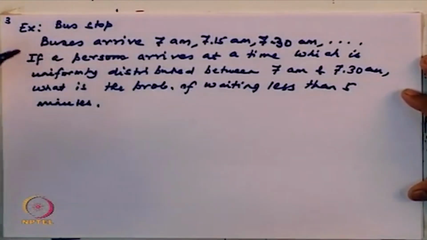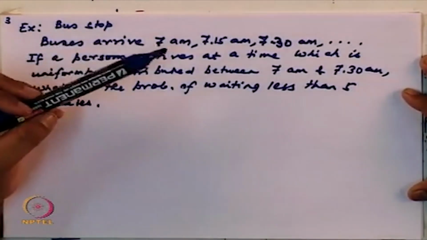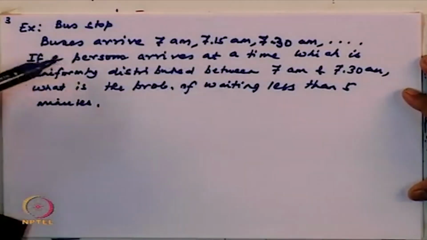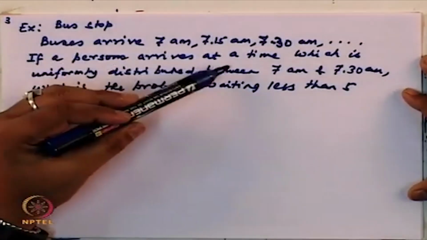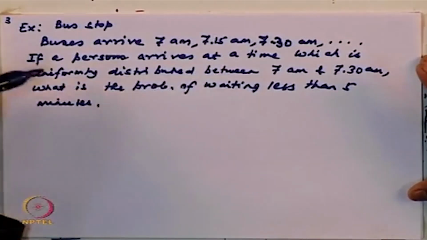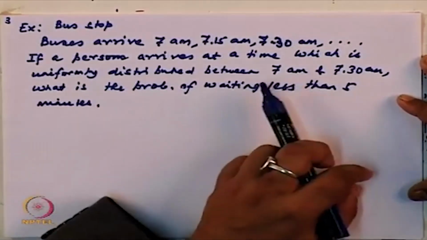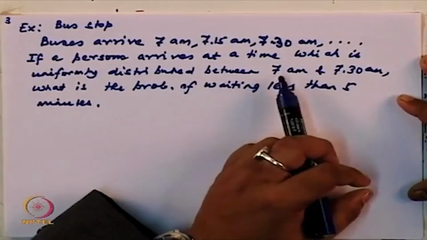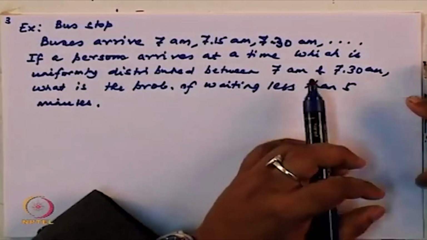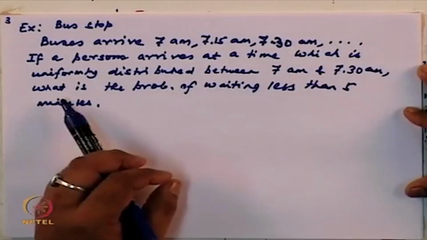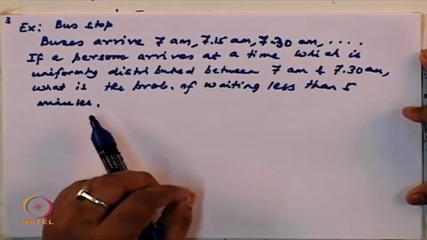Let us read the problem. The buses arrive every 15 minutes: 7, 7:15, 7:30, and so on. The person arrives at a time which is a random variable, uniformly distributed between 7 and 7:30, which means the person has equal chance of arriving at any time from 7 up to 7:30. What is the probability of waiting less than 5 minutes?